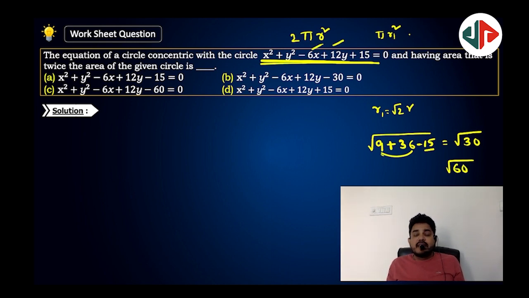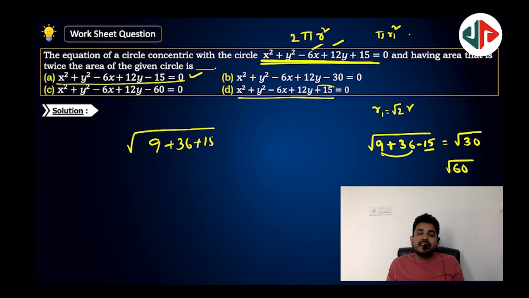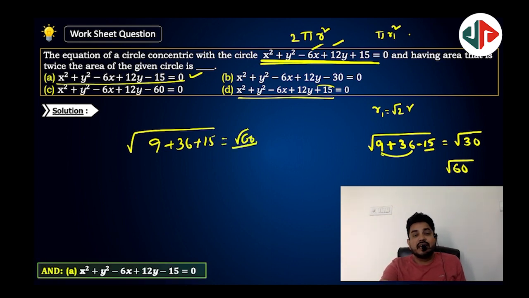So which of these circles has radius equal to root 60? So you take this one. Here when I am subtracting, here minus is there. So this is the correct answer. Why? Here this radius is root over 9 plus 36 minus of minus 15, which is equal to root 60. So that is the answer for this question. Concentric, centers are not changed.